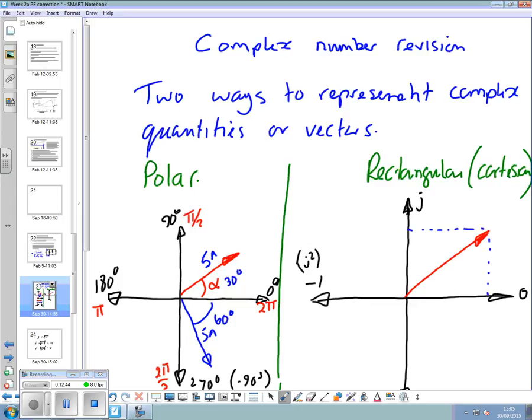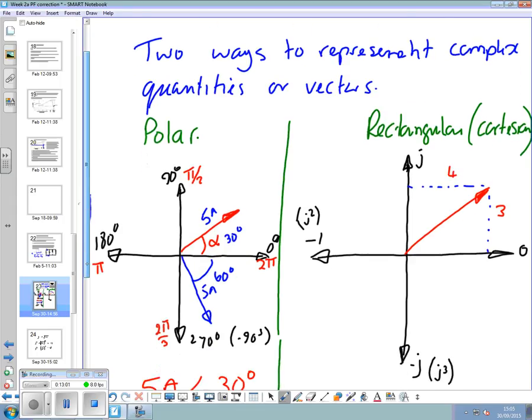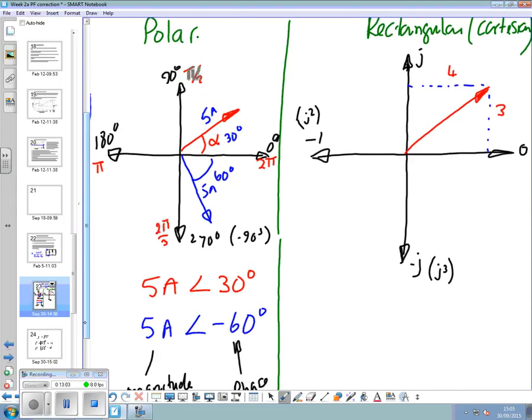So if that's 3 and that's 4, the way that vector would be expressed in rectangular form is 4 plus 3j amps, for instance, if that's current we're looking at.